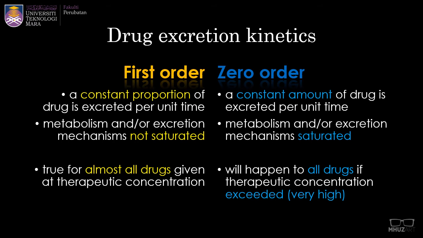But as a general rule, zero order kinetics will be followed by all drugs if the drug is given at a concentration that is very high, to the point that even most processes of metabolism and excretion are saturated.